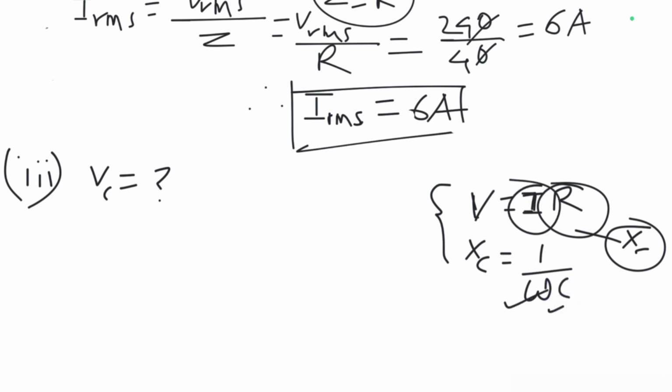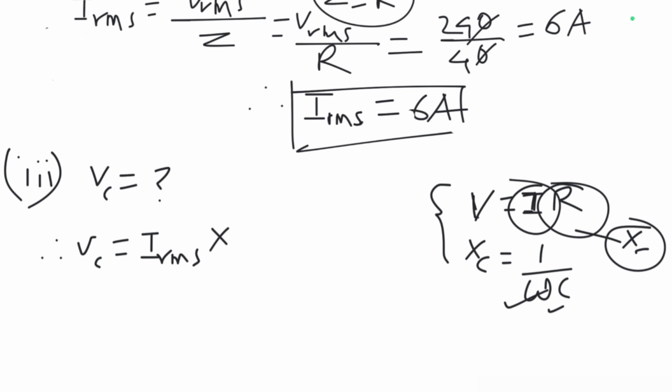So I will write VC equal to I rms multiplied by XC. Why the same current? Because the capacitor, inductor and resistor are connected in series, so the same amount of current will pass through all three components.